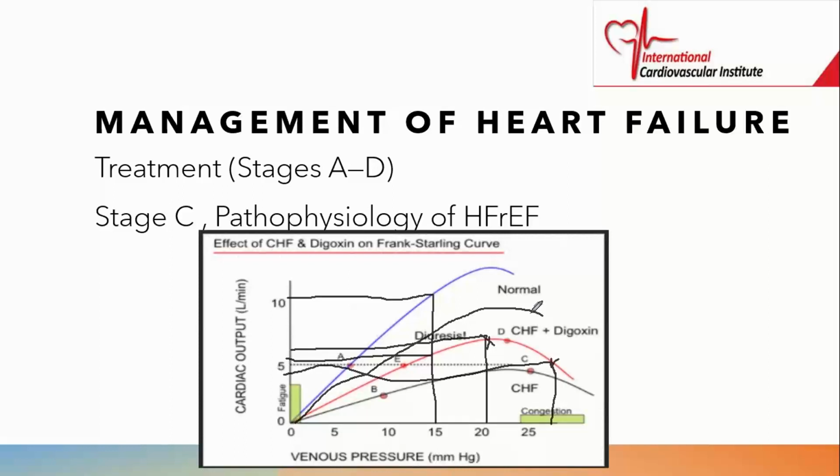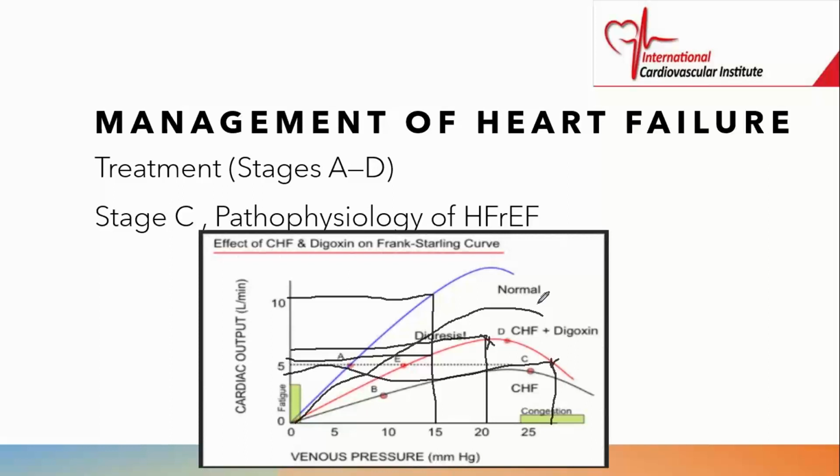But you can do better. In addition to increasing contractility, you can also decrease afterload. Now, afterload is the force that the heart encounters when it pumps blood out, and it's going to include the resistance.